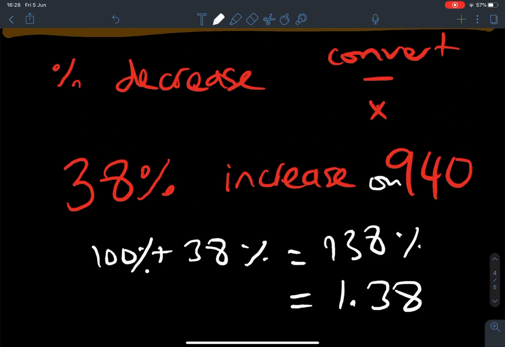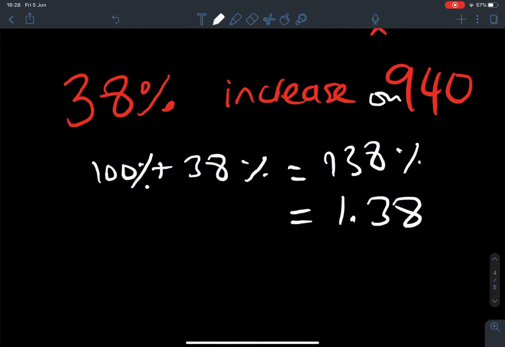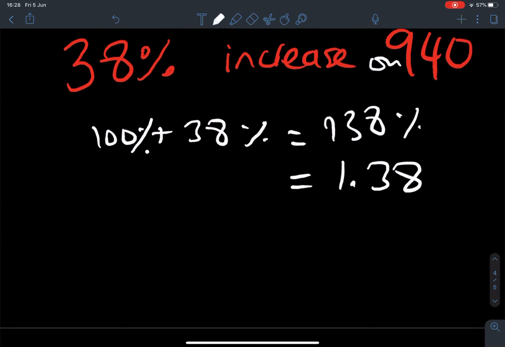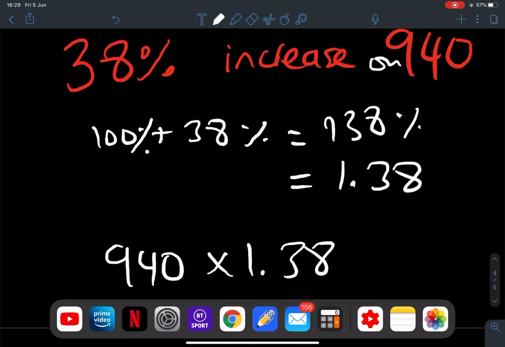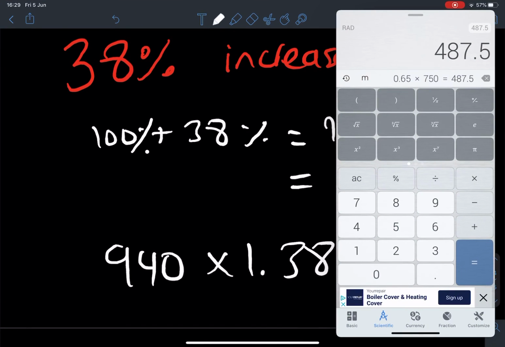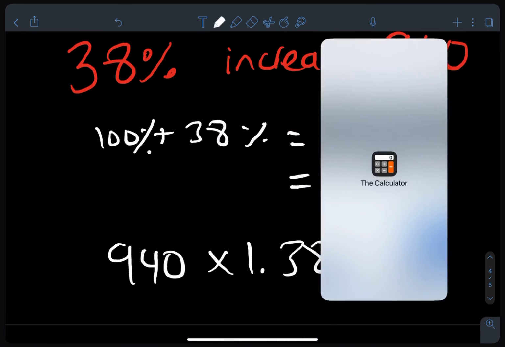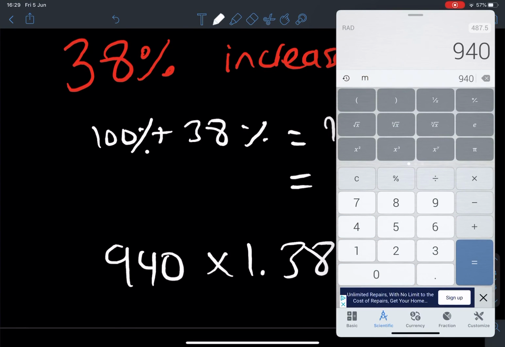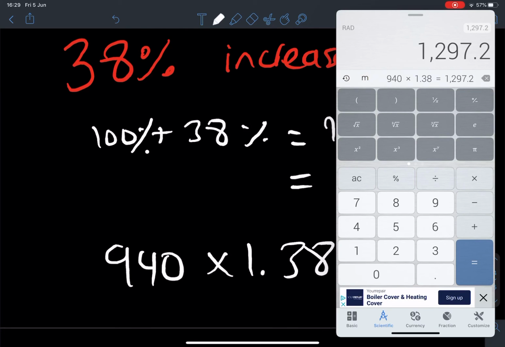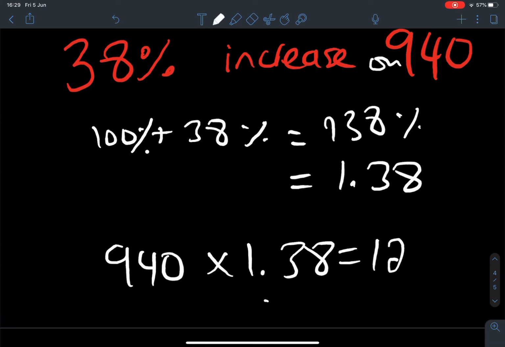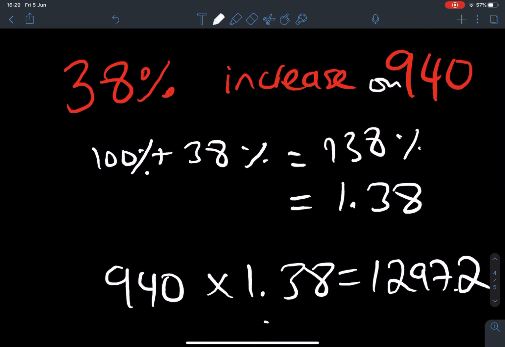So I've converted, or added it on, 1.38. And now what do I do? I multiply 940 times 1.38, which is 1297.2.